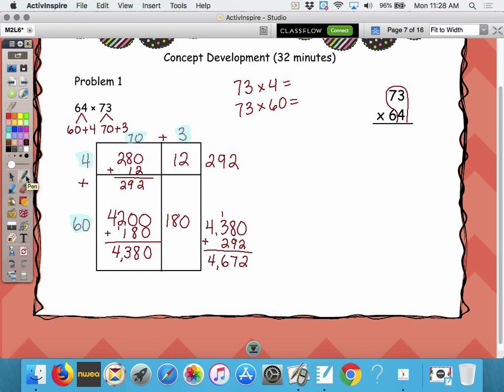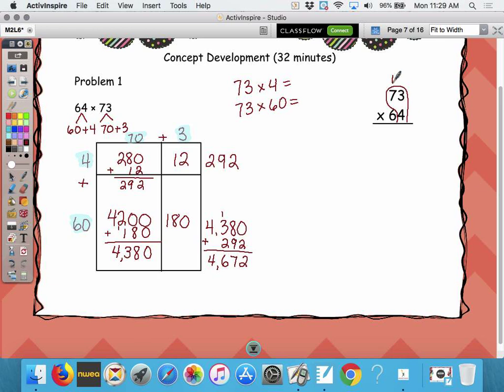Okay, now we will do the standard algorithm. These partial products and this final product over here are not for us to just copy across. They're to help us in case we make a mistake over on the standard algorithm. Your focus needs to be up here. So you help me, tell me what the answers are. 4 times 3. 12.